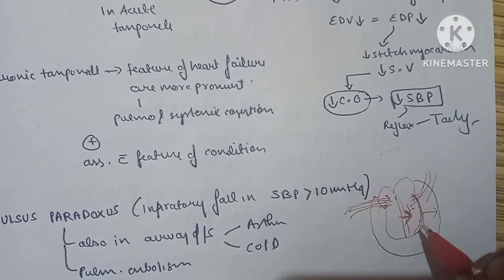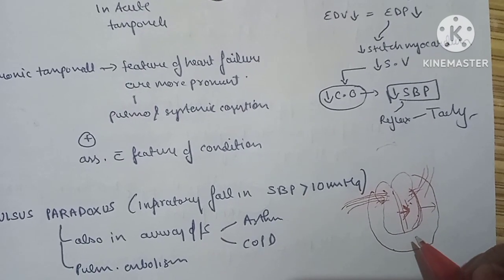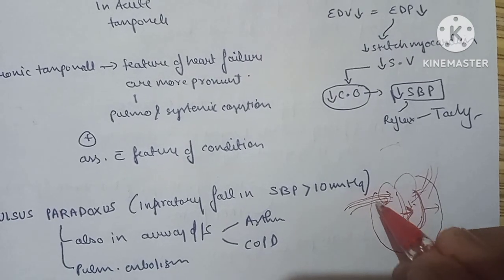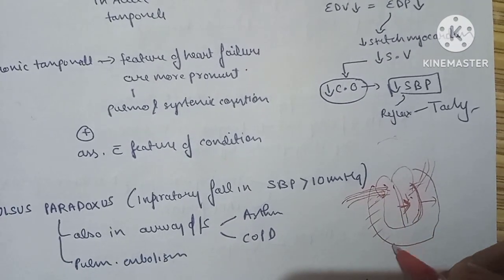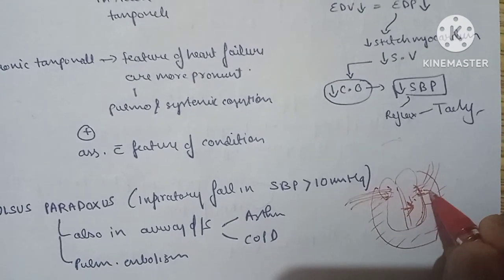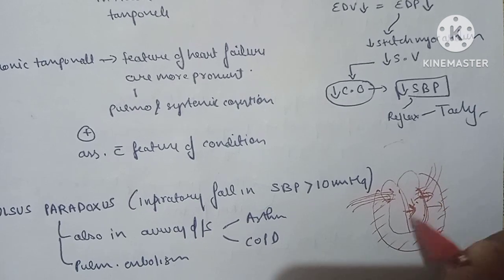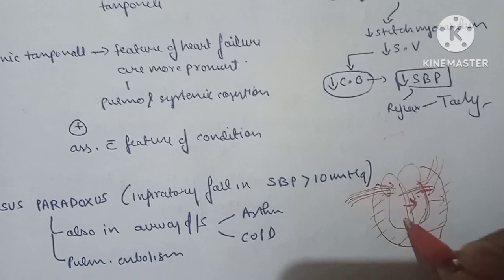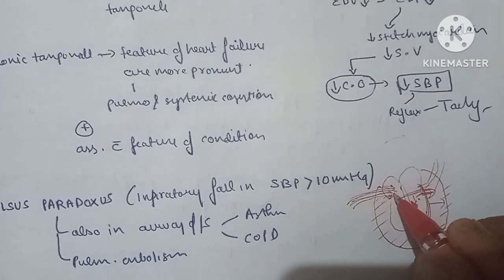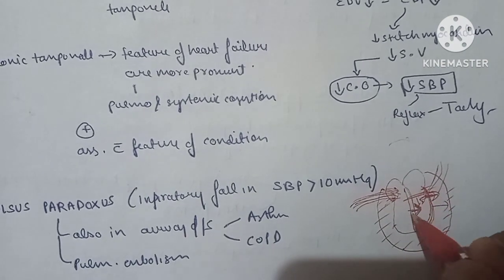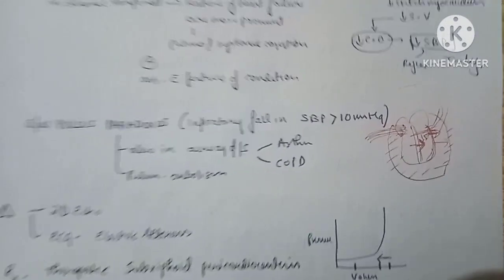But if the patient has cardiac tamponade, the free wall of the left ventricle cannot distend to increase the volume of the left ventricle when inspiration occurs. So when inspiration occurs, venous return to the right side will increase and to the left side it will decrease, but the septal wall will... so let's understand it again.